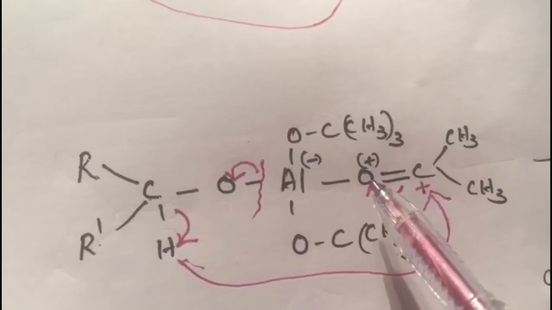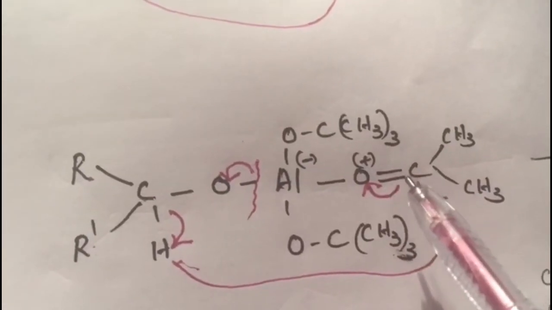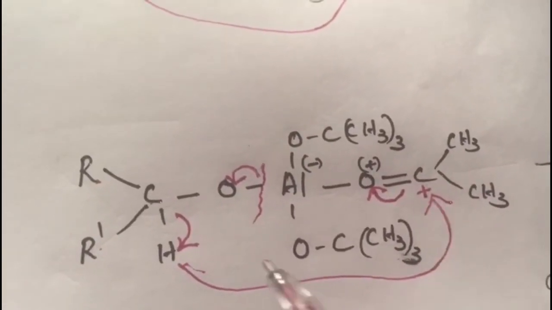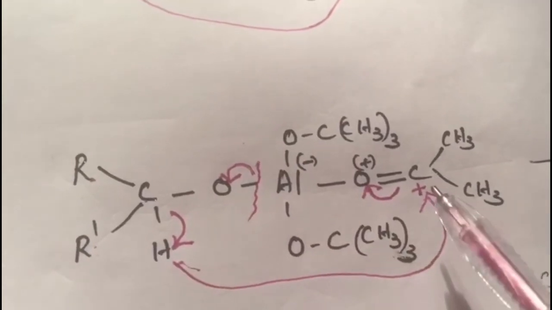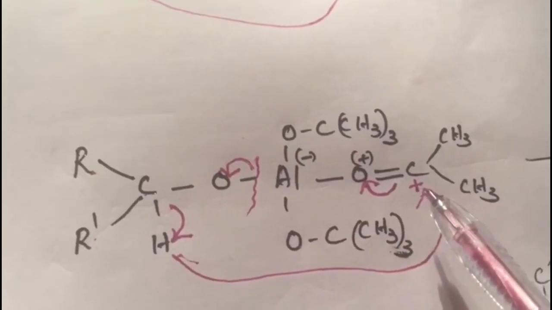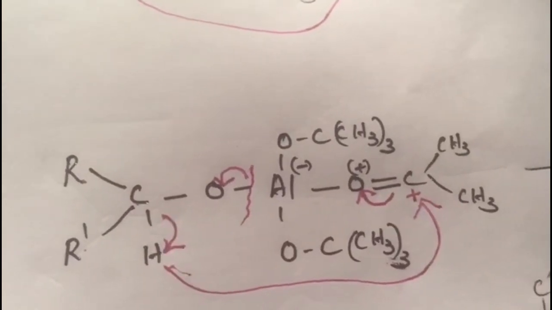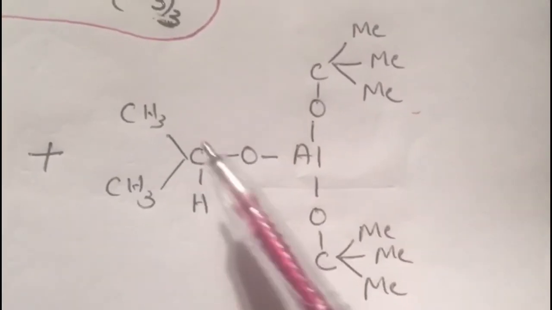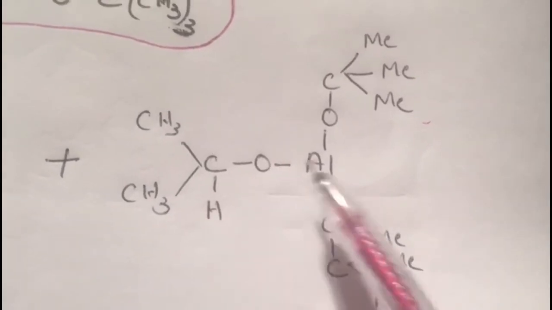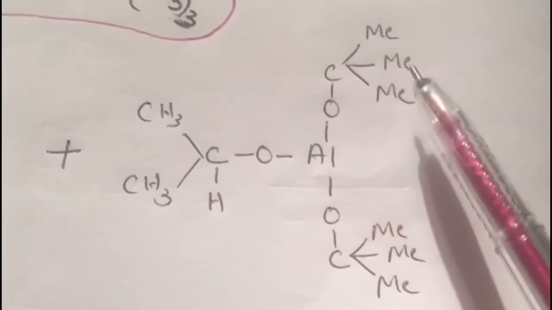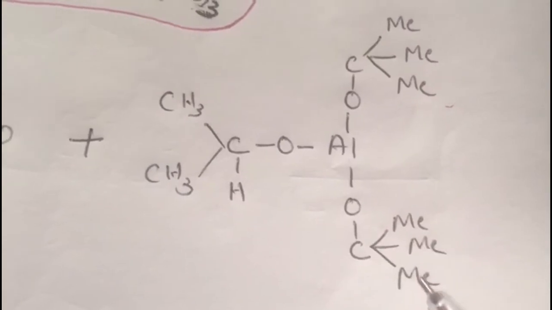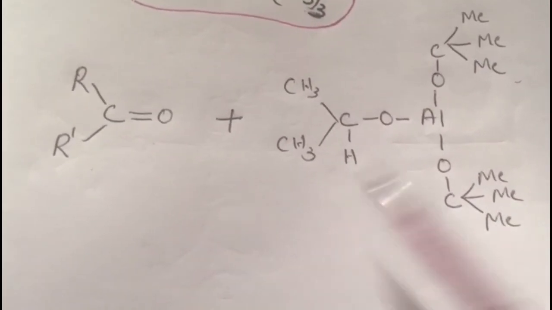Oxygen is again neutral, and the double bond is now a single bond, and the hydrogen atom will be attached to this carbon. So two products are formed. One is a ketone, R-C-R' double bond O, and the other is CH3-CH(CH3)-O-Al[OC(CH3)3]2. So these are the two products formed using Oppenauer oxidation.